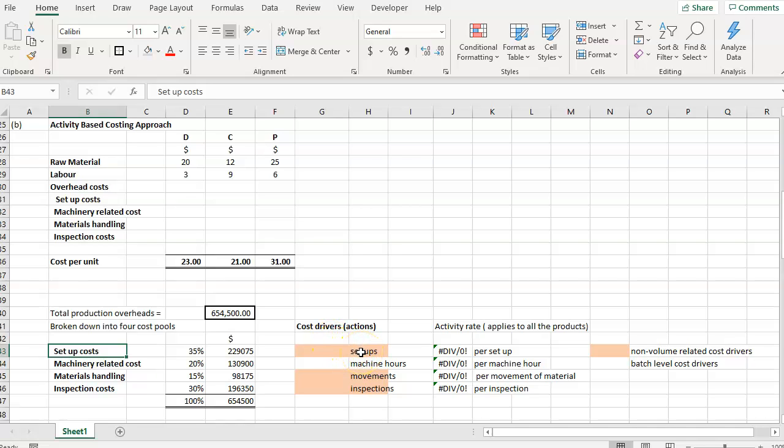So here are 2 terms that I have introduced. Cost pools, which is actual dollar value overhead costs, but they're grouped in a particular way because they share something in common. They are affected by the same cost drivers. Cost drivers are actions.